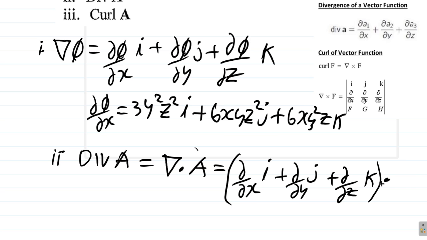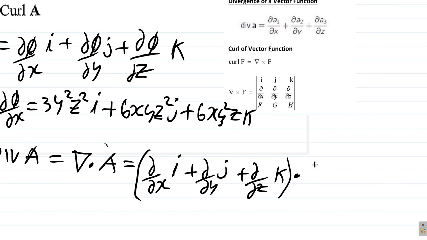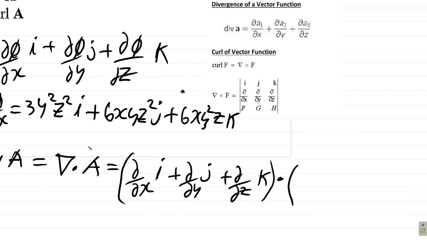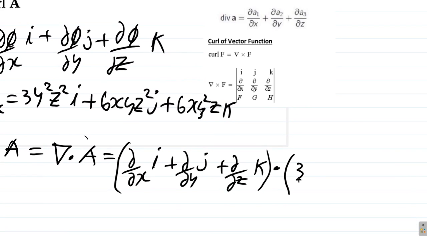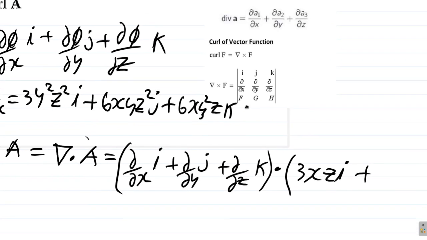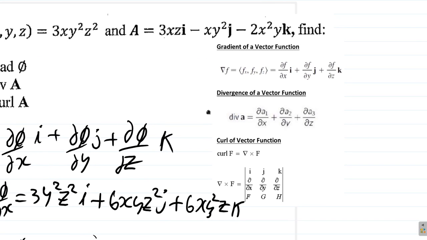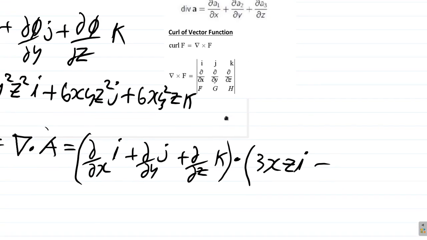The grad is waiting for you to put something there. It's like a sine. The question is sine of what? So if you say gradient, you say gradient of what? It's gradient of this. This thing is, what is it again? 3xz i. So it's 3xz i plus, no, it's minus xy squared j.